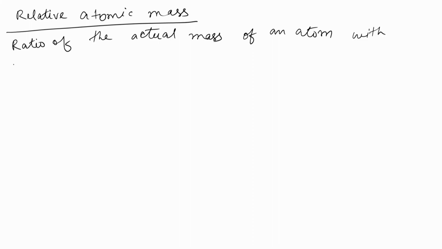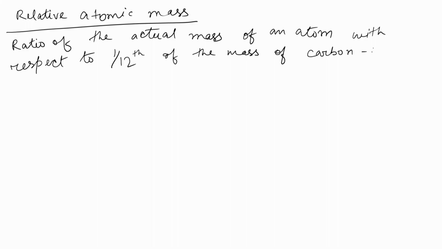So, the definition of relative atomic mass: relative atomic mass is the ratio of the actual mass of an atom with respect to 1/12 of the mass of carbon-12.